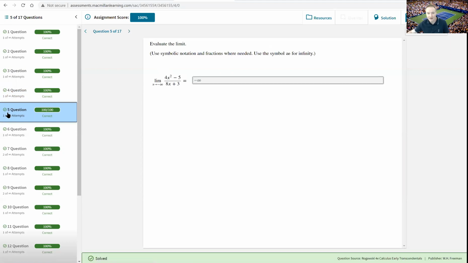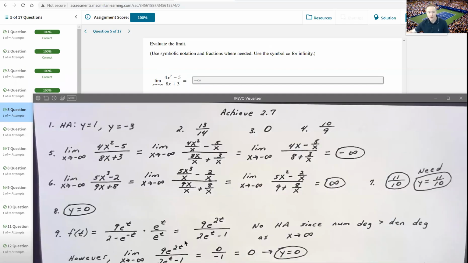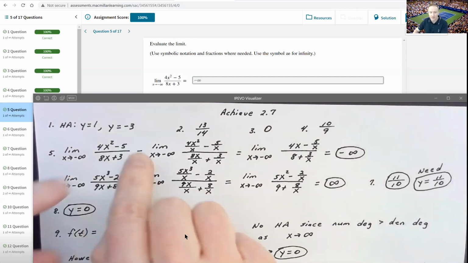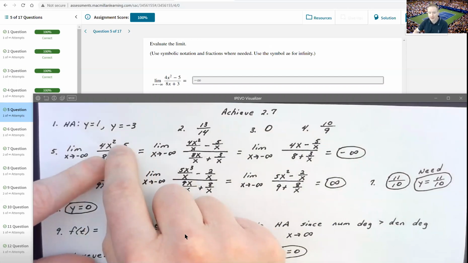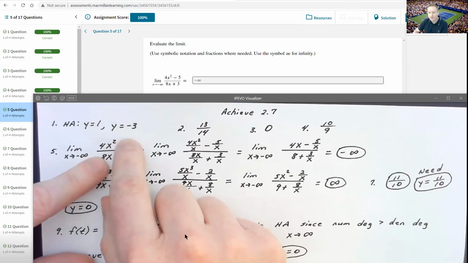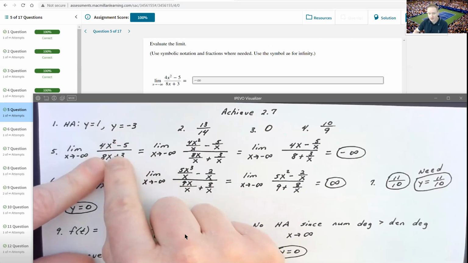For number 5, we have a limit as x approaches negative infinity of 4x squared minus 5 divided by 8x plus 3. Okay, so here's the work I showed out in that one. I knew that the limit was either going to be going to infinity or negative infinity, since the degree of the numerator exceeds that of the denominator.